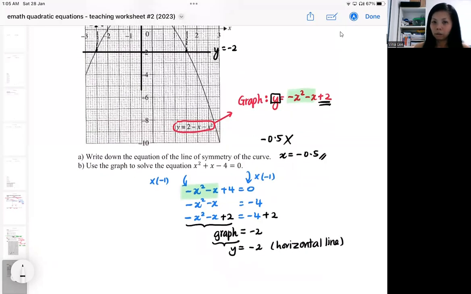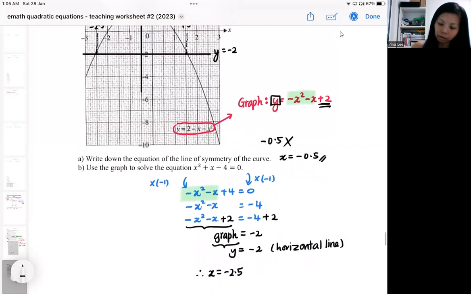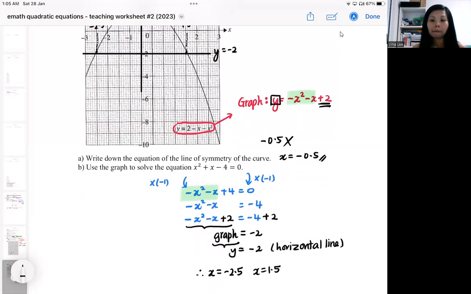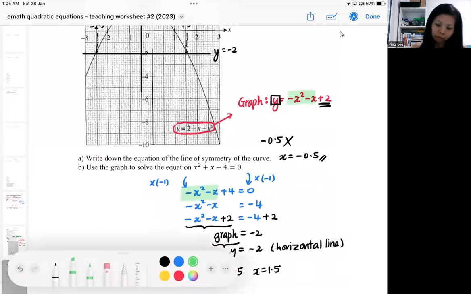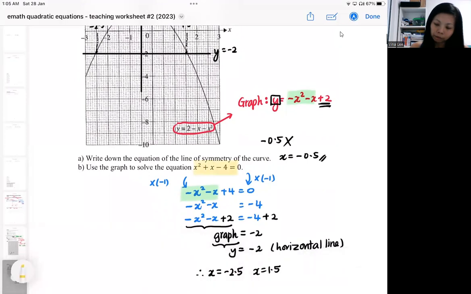So I'll add the horizontal line. The two solutions will be -2.5 and 1.5. So this will be the solution for this equation.